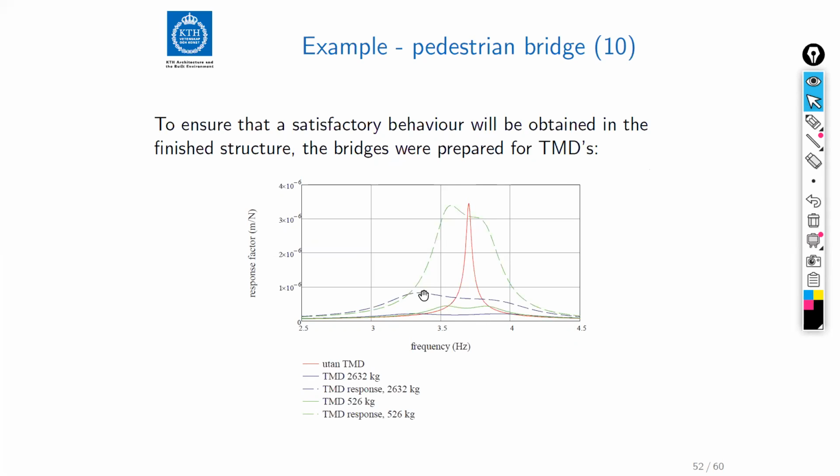On the other hand, we see that the TMD moves quite much. So we have to make sure that there is space enough for the TMD to move. And then with a lighter TMD, which of course would be easier to mount into the structure, because now 2.5 tons that is vibrating, we need to make sure that we have stiffeners and things that can bear this load. But a lighter TMD, of course, will give rise to smaller forces.